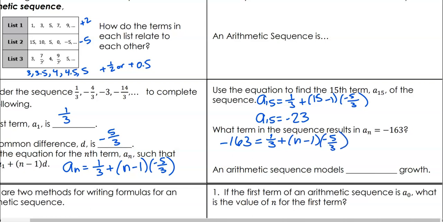So here we're going to work backwards. We're going to distribute, add, subtract. Can you figure out n? Yes, you can.